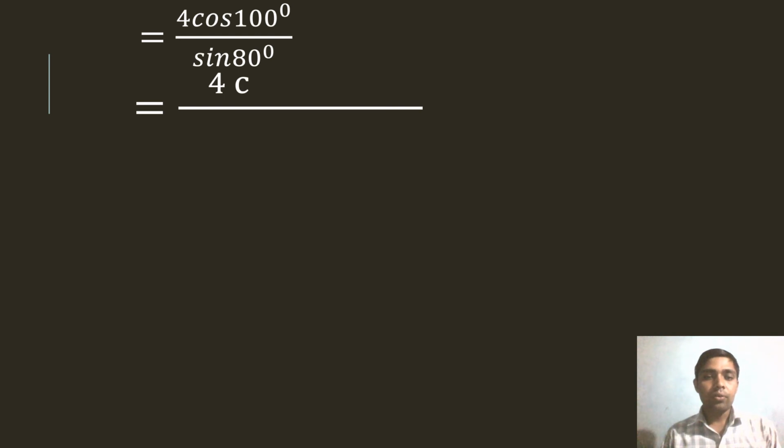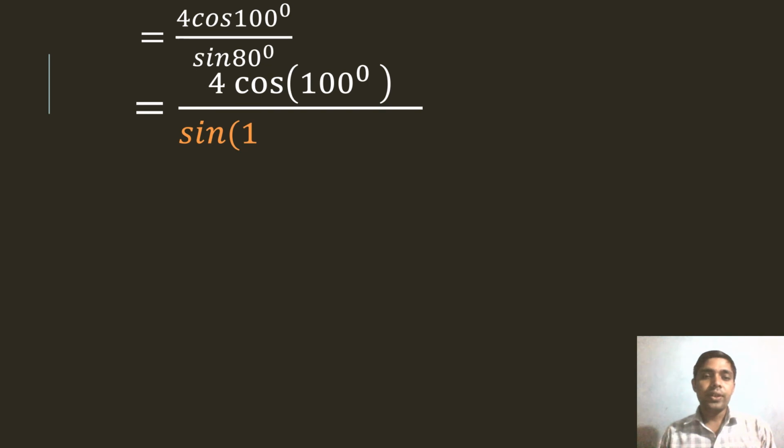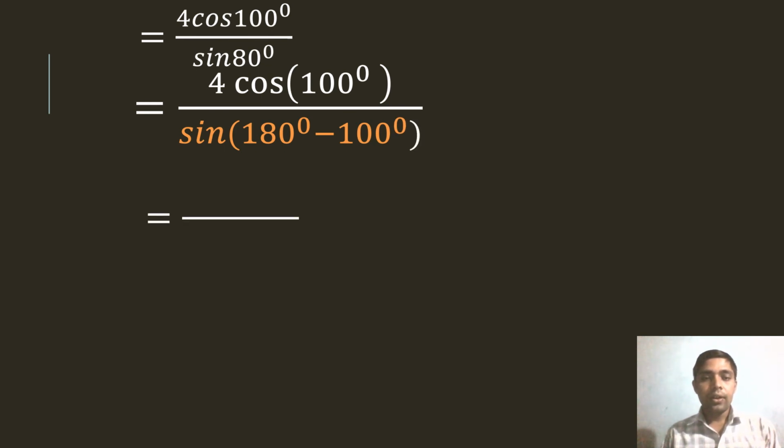So now our work is to convert in 100 degree, because our RHS is in 100 degree. So we are writing in place of 80 degree as sine 180 minus 100.